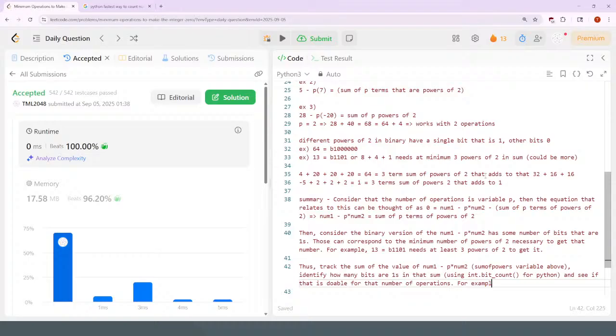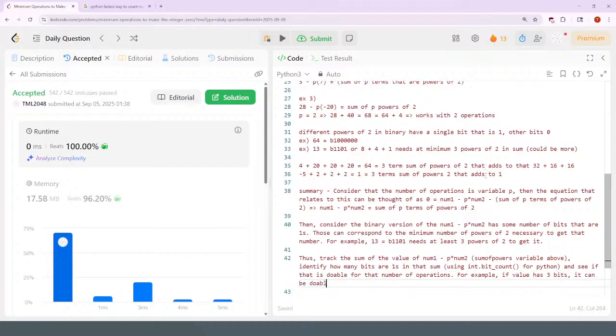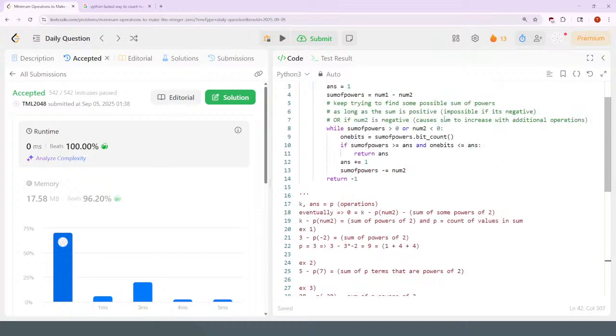So for example, if value has 3 bits, it can be doable in anything that is 3 or more operations.